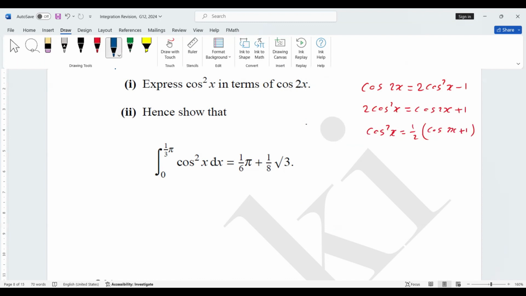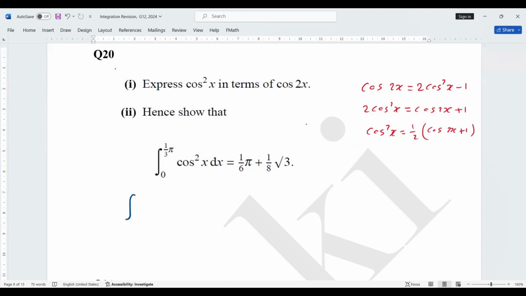Now we go to the integration. So the integration of this one, we can take half outside, cosine 2x plus 1 dx. The integration of cosine is sine, but we must have the derivative of the angle. Remember, half is outside.